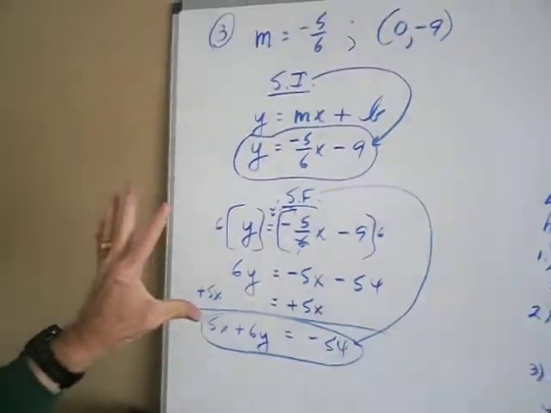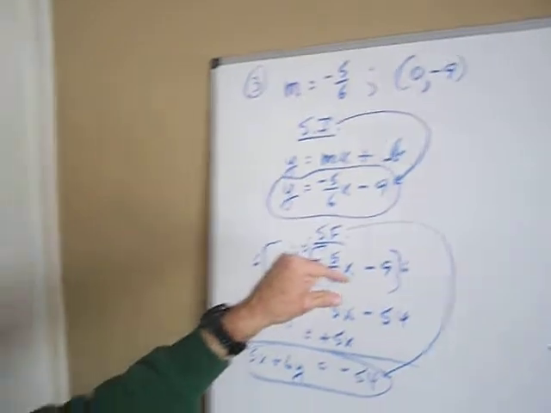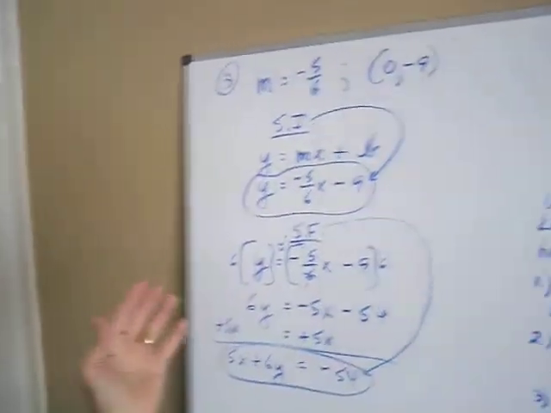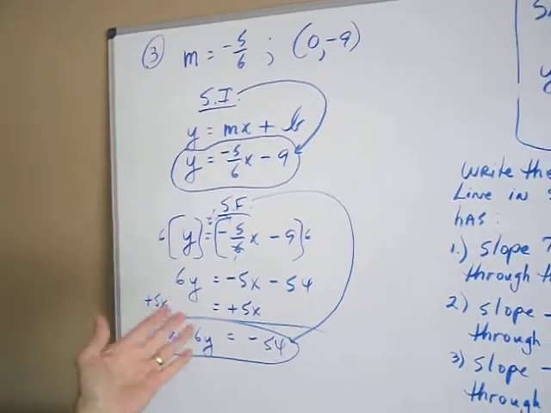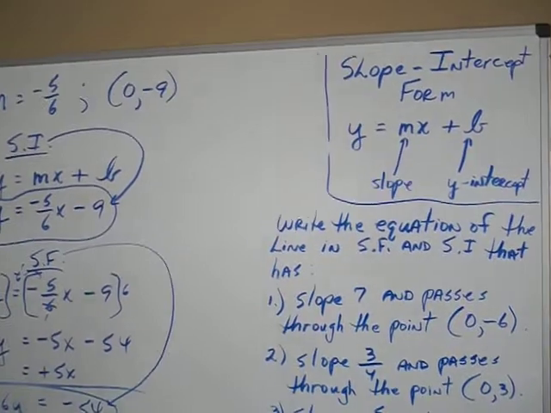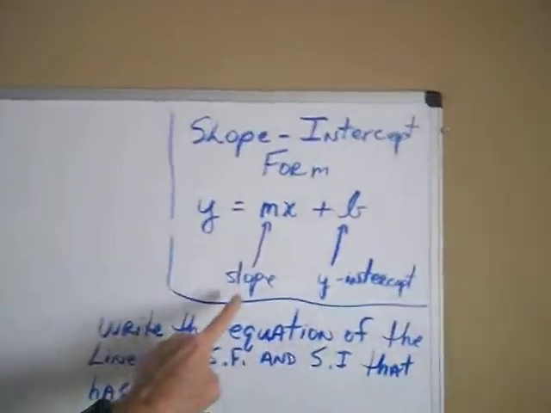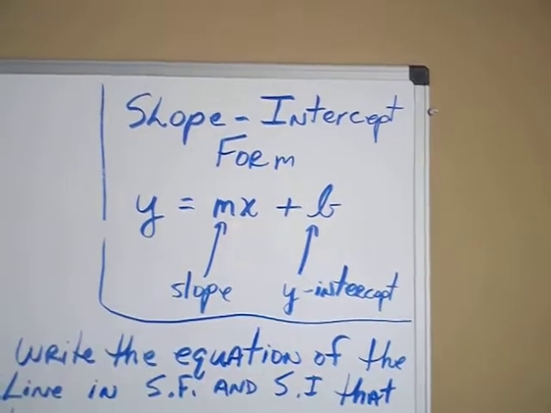So in summary, before I leave it, capital letter A: writing the equation of the line in slope-intercept form and standard form, given the slope and given the y-intercept.